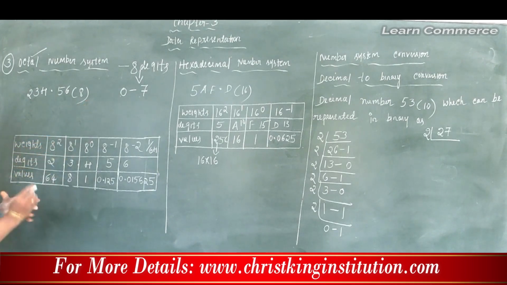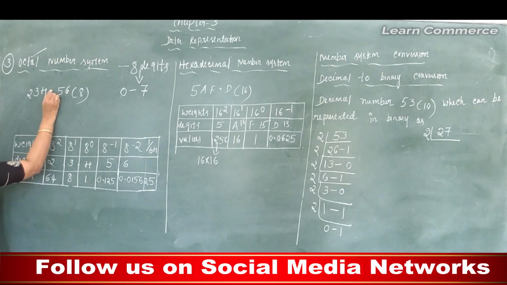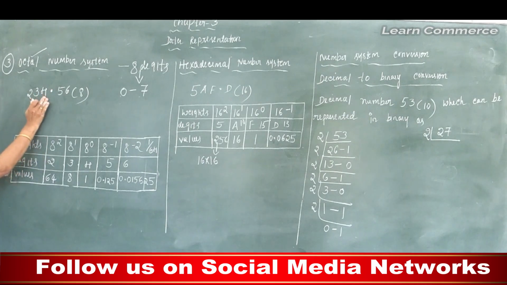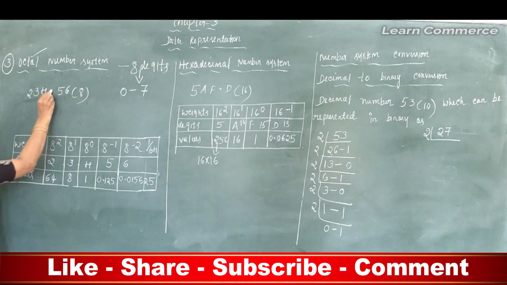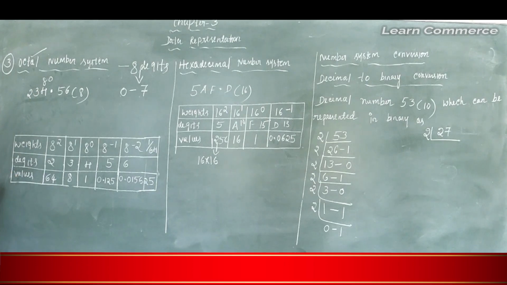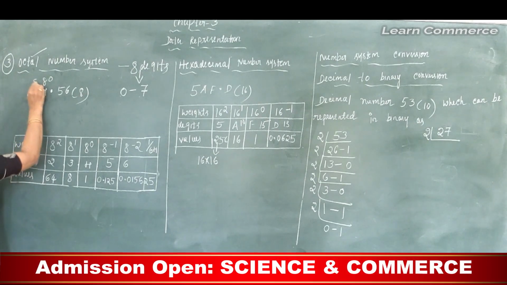So which can be represented as, we know that before the fractional point, this one is called the positive positional values, and after it we are using the negative positional values. So before the fractional point, the first one is the units value, the second is the tens value.